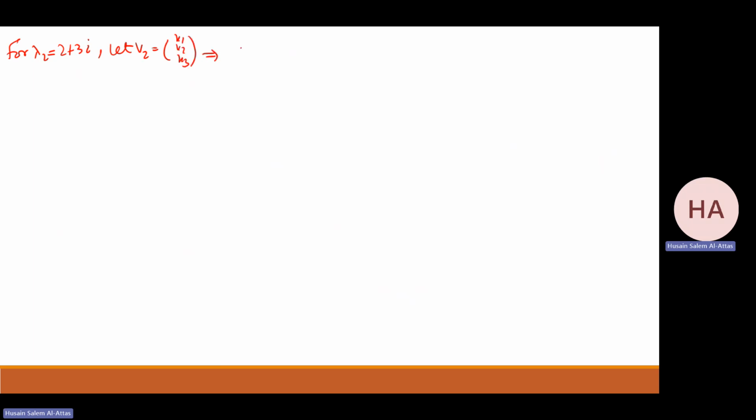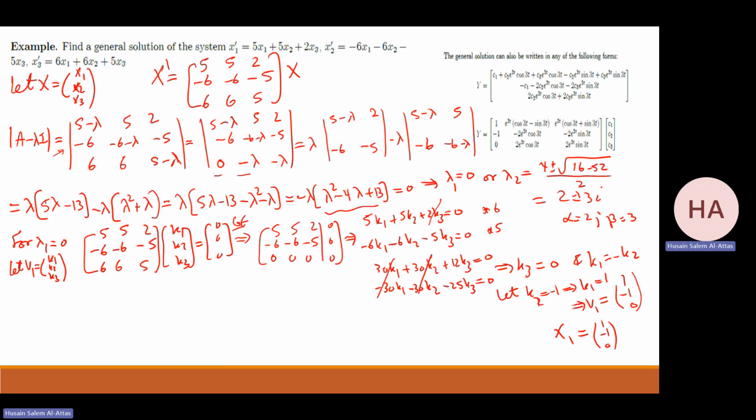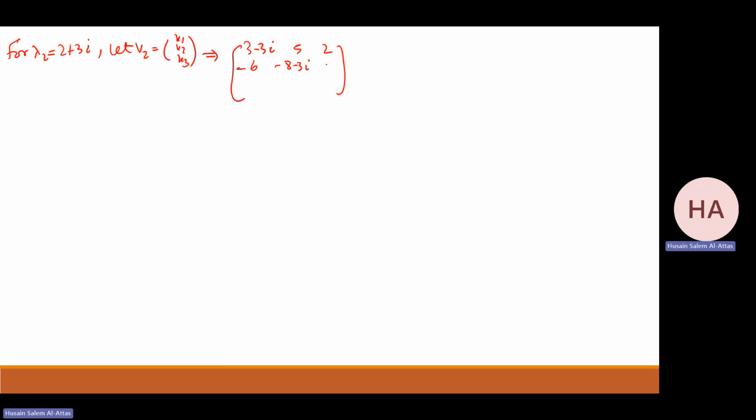So I have this system. 5 minus 2 minus 3i, that will be 3 minus 3i, 5, 2. Minus 6, minus 6, minus 6 minus 2, that will be minus 8, minus 3i. And the last one is minus 5.